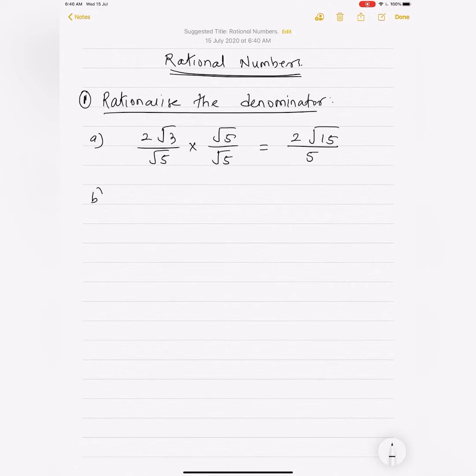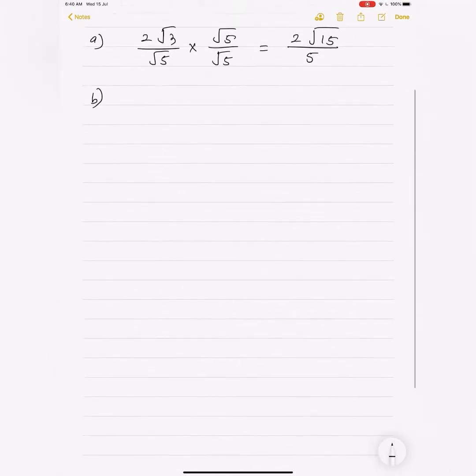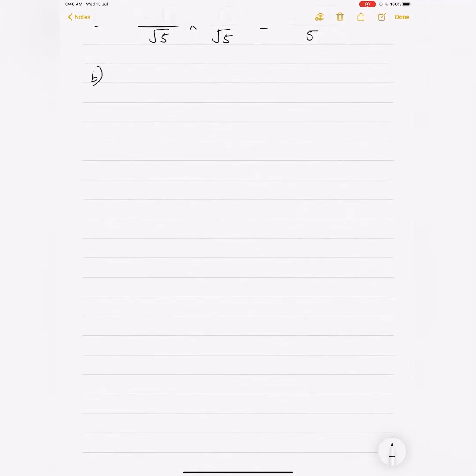Like another one, second type, say if you're asked to rationalize a binomial, say if you're given 2 root 5 plus 3 root 2 whole thing upon 2 root 5 minus 3 root 2. Now how to rationalize this one?